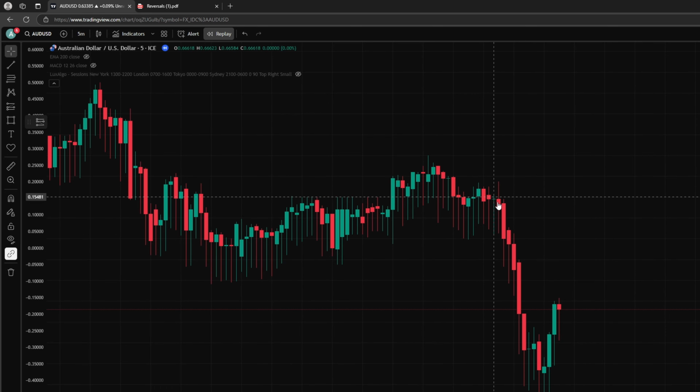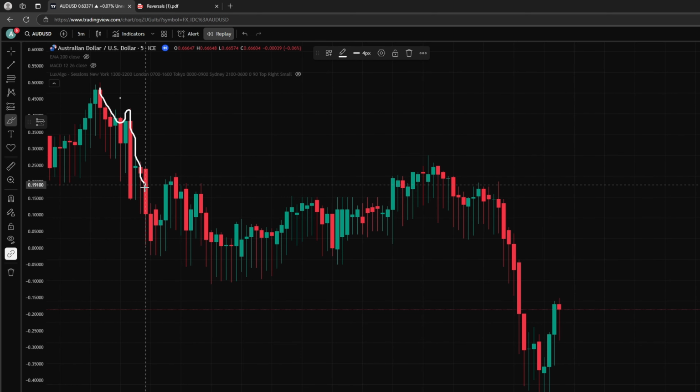But when you're looking at a live chart like this, we can see that we are kind of in a downtrend here. So we're steadily moving down. We are constantly making lower highs, lower lows, right? Then we kind of have a consolidation move.